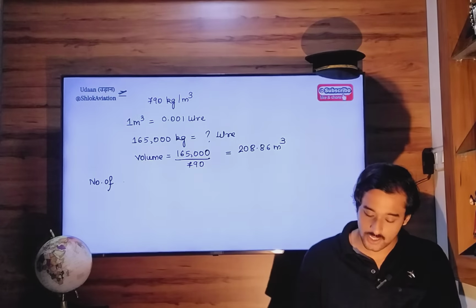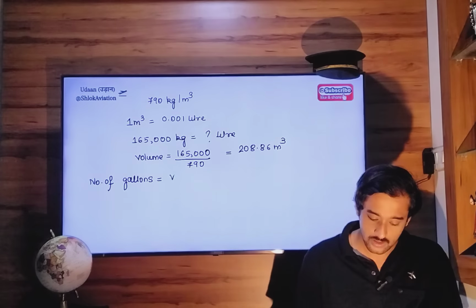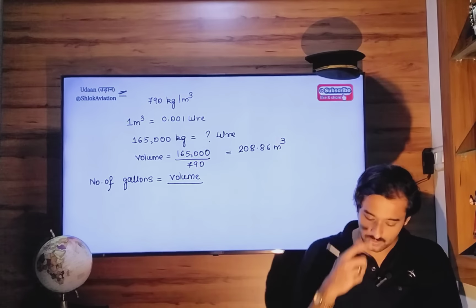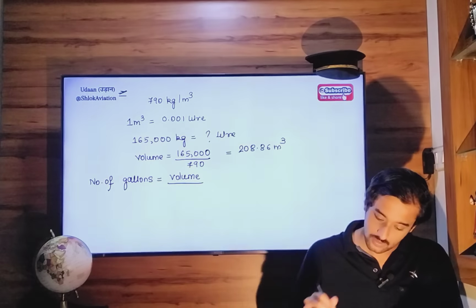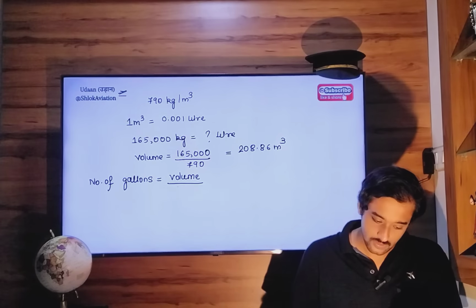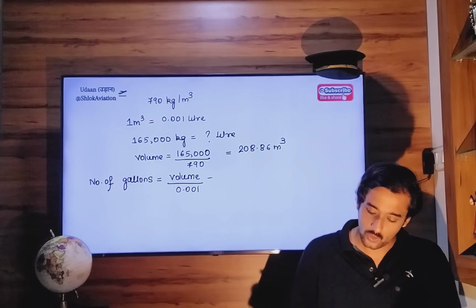Now this volume will be how many gallons? Number of gallons: volume divided by 0.001.